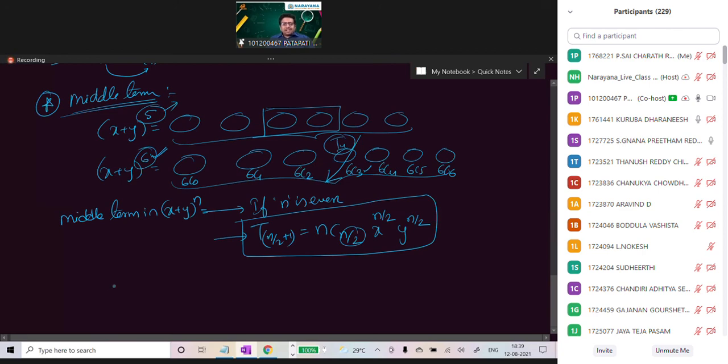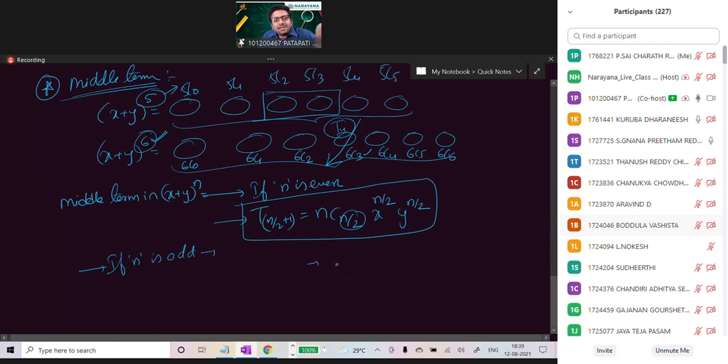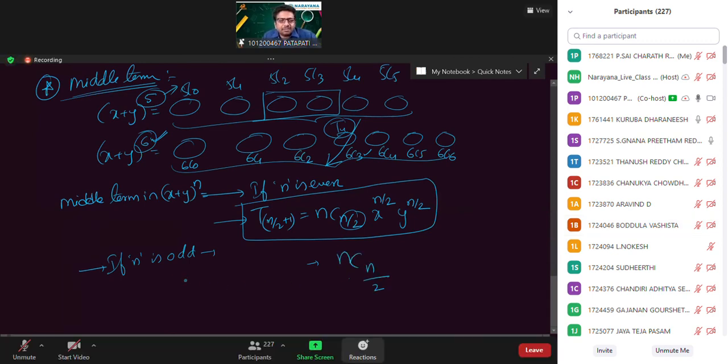If n is odd, there are two middle terms. This is 5C0, 5C1, 5C2, 5C3, 5C4, 5C5, right? Obviously, this time nC n by 2 cannot be written, because n is odd.